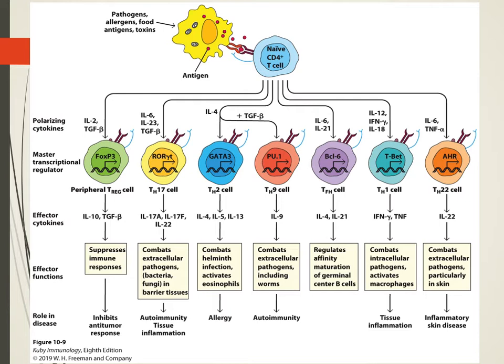So obviously, there's more than three on the figure. You can always pick your favorite one, which one is related to maybe a disease that you're interested in. And the reality is that this is not a complete list. There are additional subsets that are being identified.